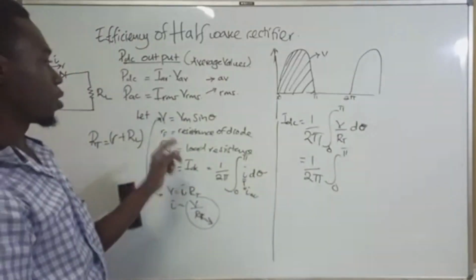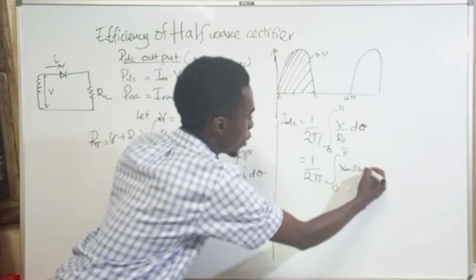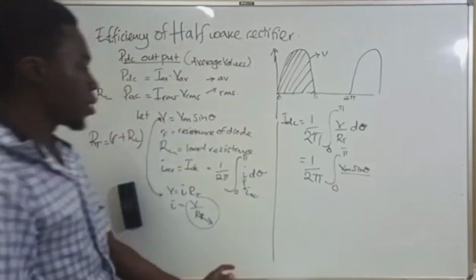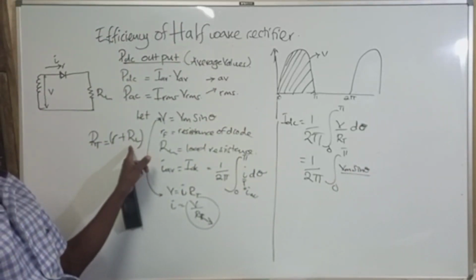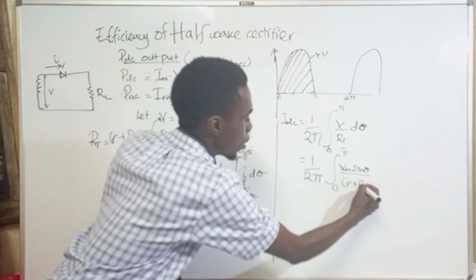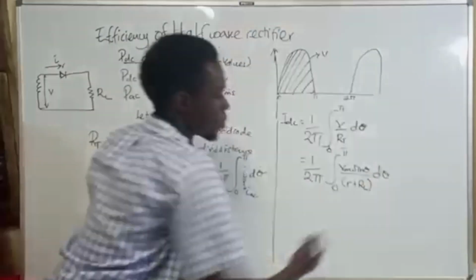But what is V? V is Vm sine theta over R total, but my R total is R plus RL. So I'll substitute R plus RL in there, with respect to theta.